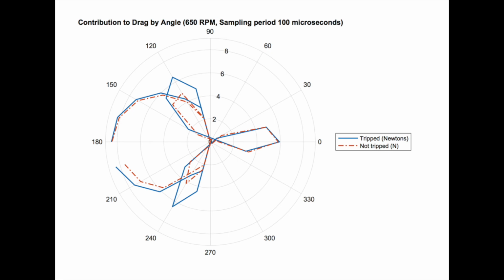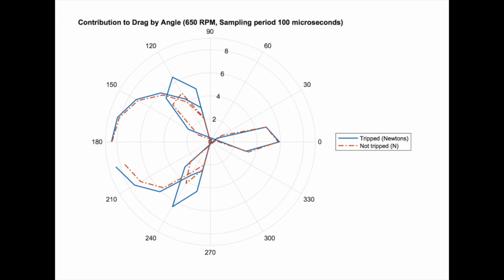At 150 RPMs, the tripped and untripped trials had nearly identical drag profiles. At the higher RPM settings, 300 RPM and 650 RPM, there were significant differences between the tripped and untripped drag profiles.